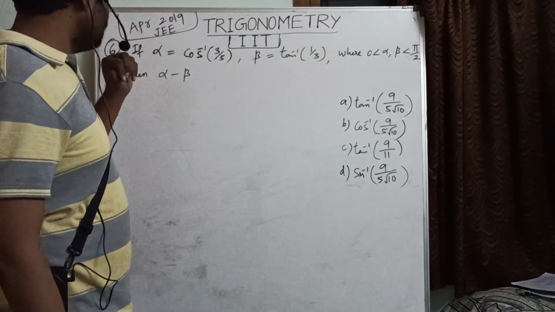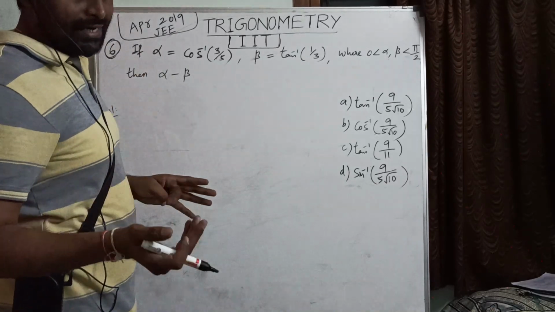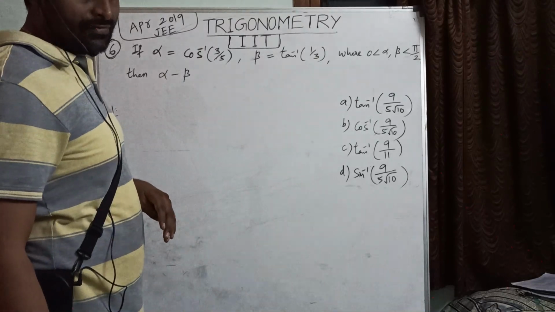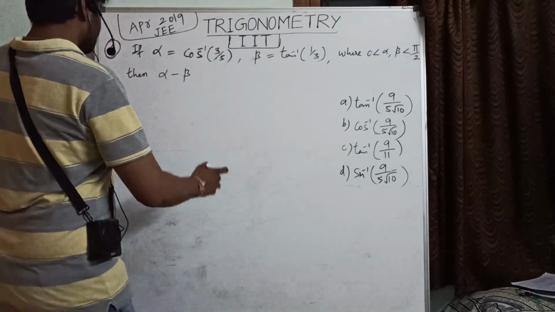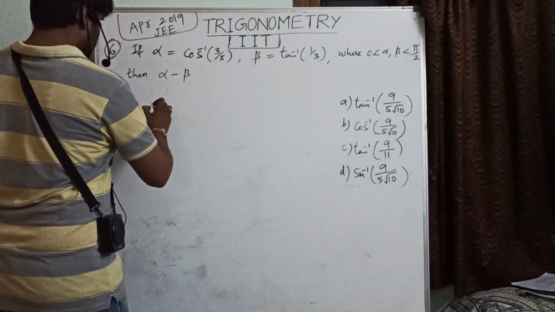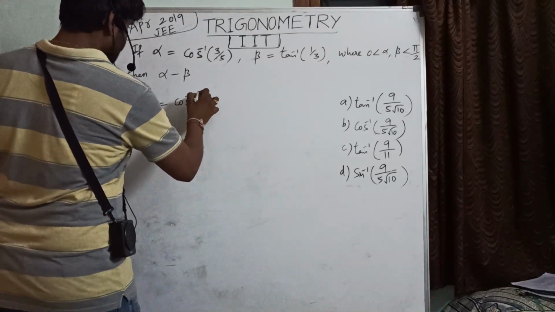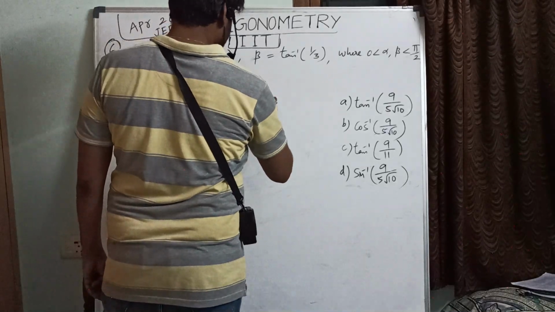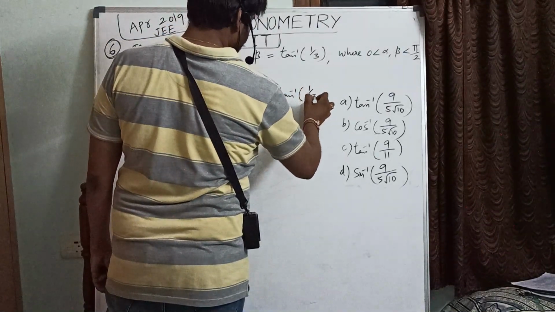Generally we are comfortable in finding tan inverse of x plus tan inverse of y form, or tan inverse of x minus tan inverse of y form. Correct? Now tell me, from this what can I write alpha as? Alpha equals cos inverse of 3 by 5, and beta equals tan inverse of 1 by 3.